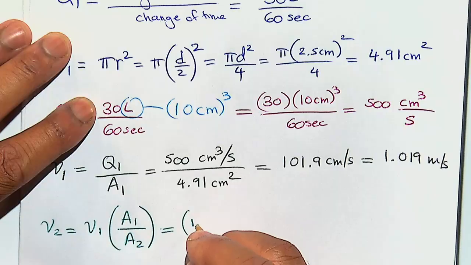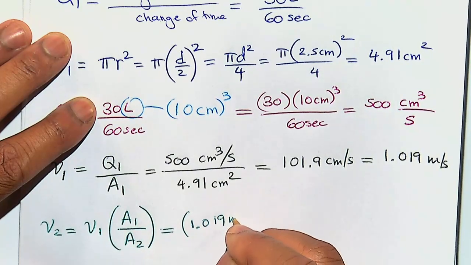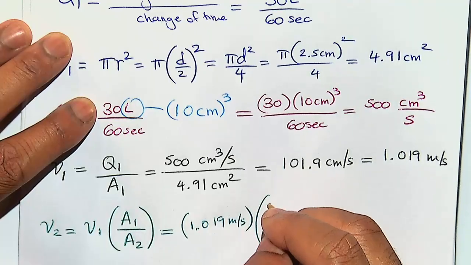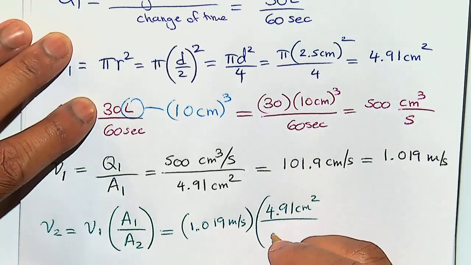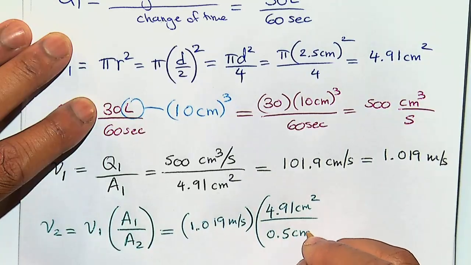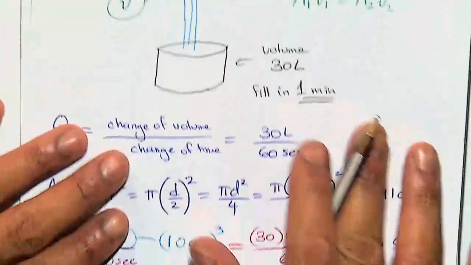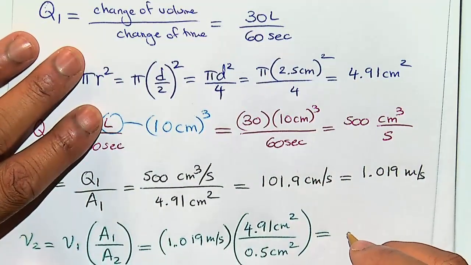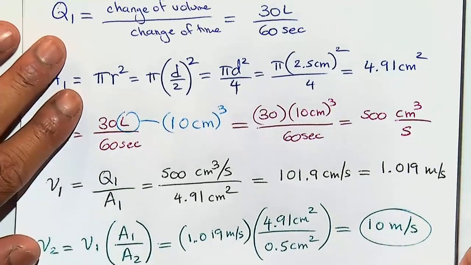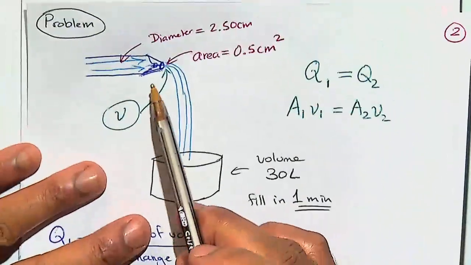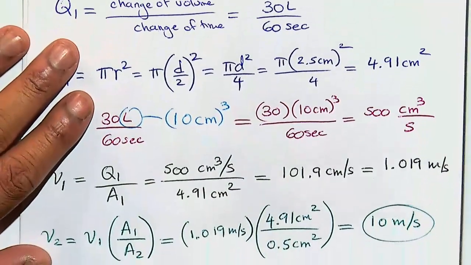Now we know all the values for this: 1.019 meters per second, and then 4.91 centimeters squared over 0.5 centimeters squared. We know area 2 because it's given here, and that'll give us 10 meters per second. That's the speed at which the water is flowing right at the end of the hose through that nozzle.